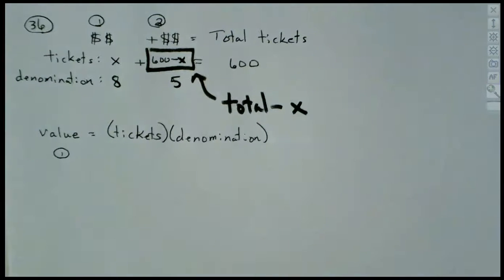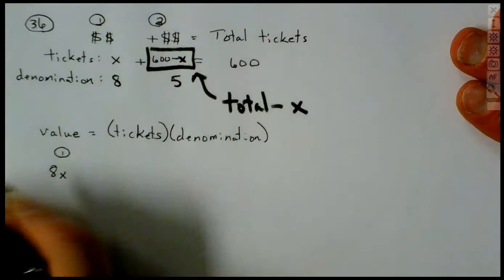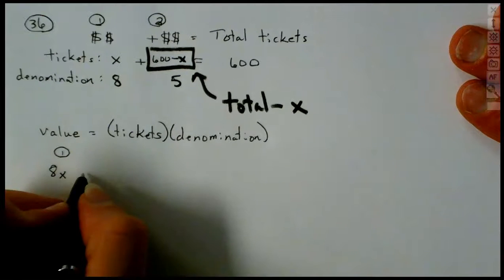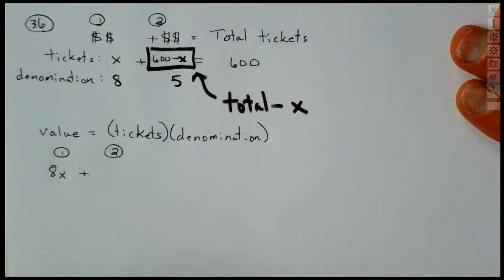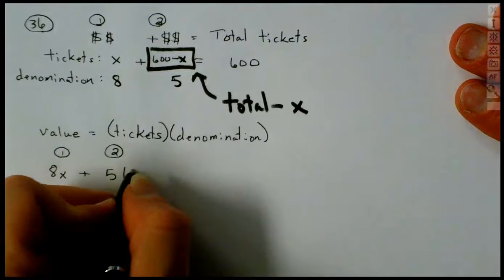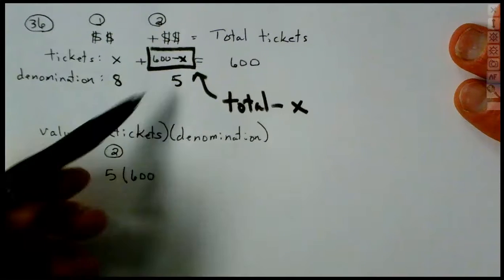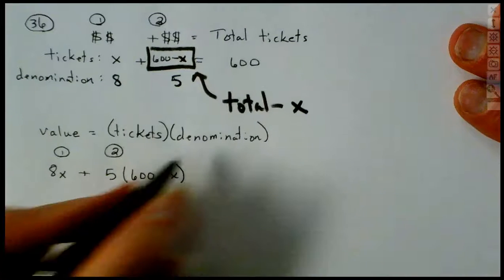And our first one here, tickets cost for adults $8. So that's 8x. Children tickets are a little bit cheaper. Child tickets, they are $5. And how many of those do we have? Well, it's going to be 600 minus x.